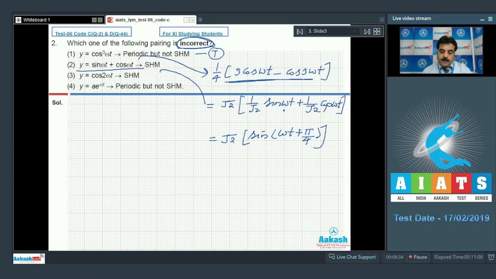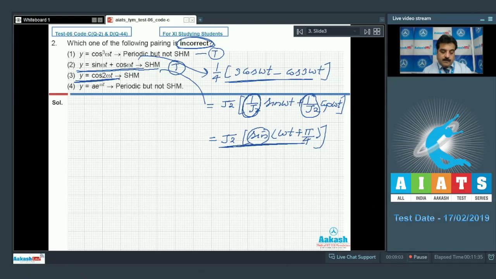Why? Because I can replace here sin 45, in this portion you can write cos 45, right? And in this part you can write sin 45. So formula will become sin a plus b. So you will get this type of equation, right? So this equation in terms of sine, we can say this is representing simple harmonic motion. And your option number 2 is saying SHM, so that will be true.